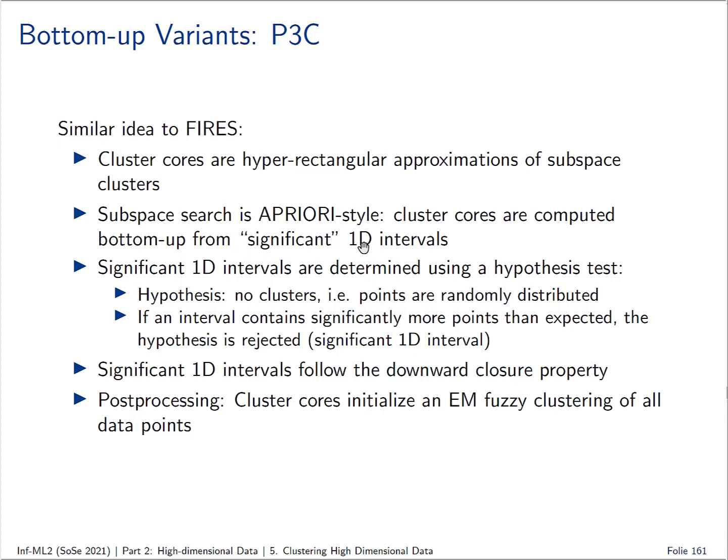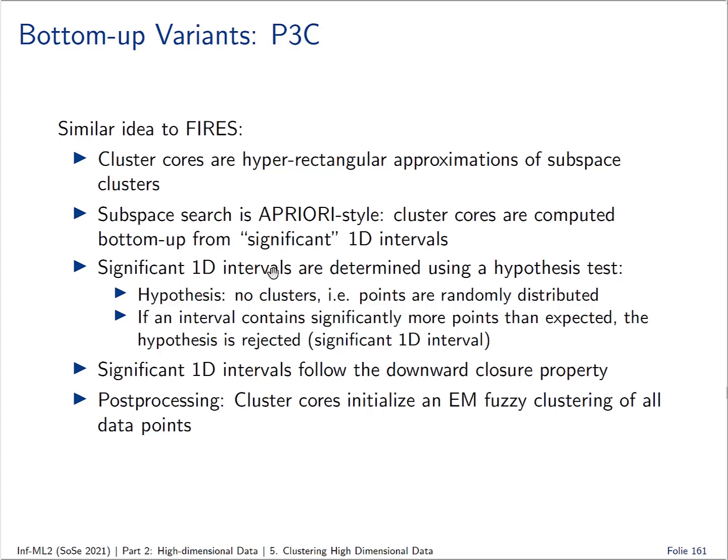Significant clusters, 1D clusters? Well, in that case the authors propose a hypothesis test. So the null hypothesis is that there are no clusters, meaning that the points are randomly distributed. And if an interval contains significantly more points than expected, we reject this null hypothesis, meaning that we get significant one-dimensional clusters according to a given significance level.